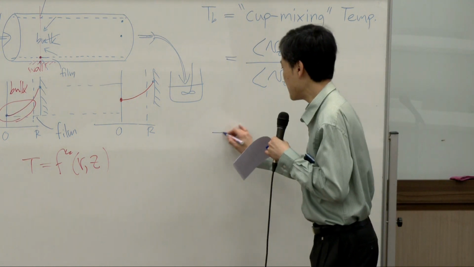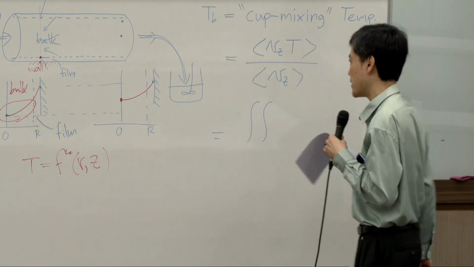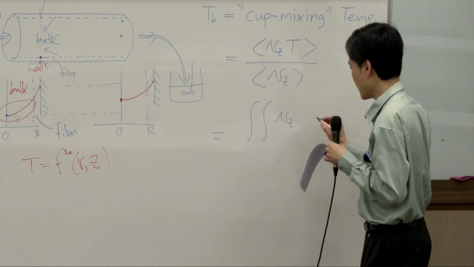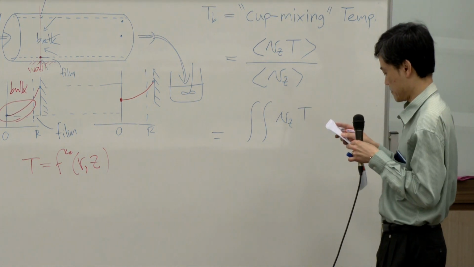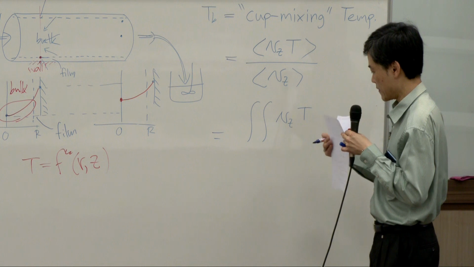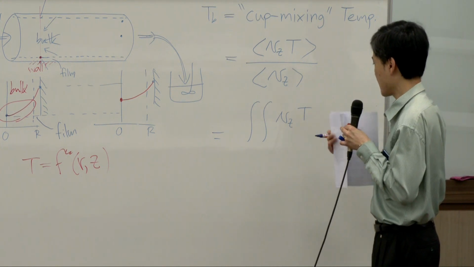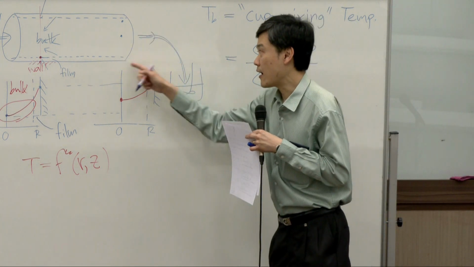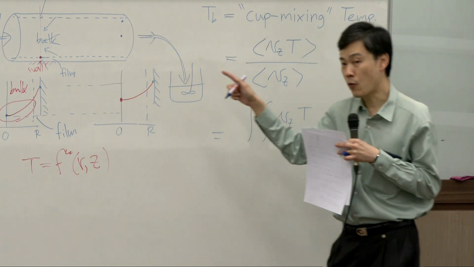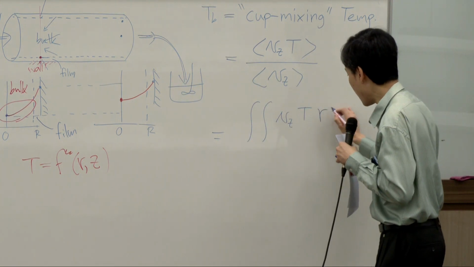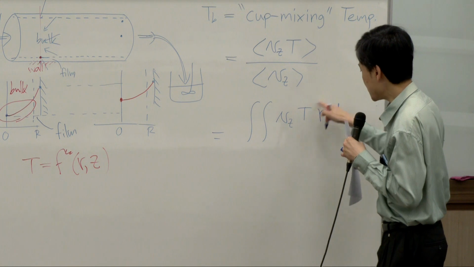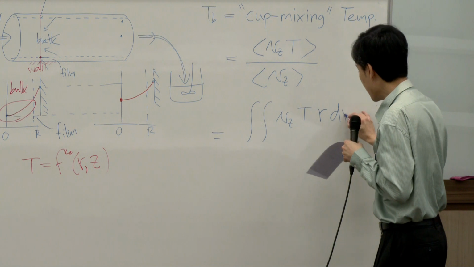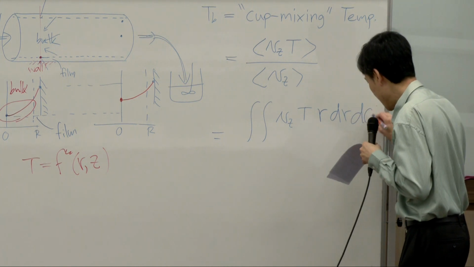Mathematically, it means that you have to do the double integration of velocity Vz times temperature. And since you do the integration across the cross-section area in cylindrical coordinates, you have to integrate it with r, which is the product of integration by calculus, integrated dr d theta.